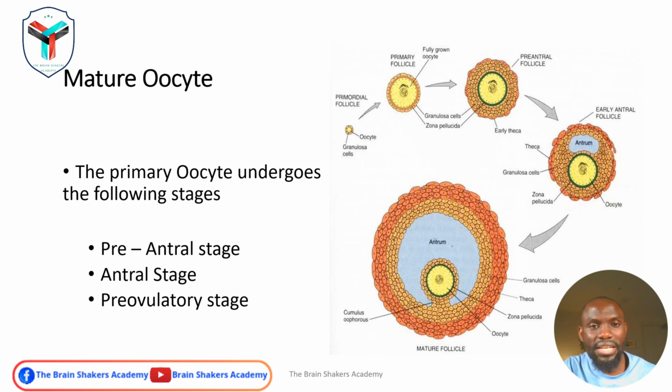But if fertilization does not occur, then the oocyte is going to degenerate in the next 24 hours after ovulation, and it will remain arrested in meiosis 1 without even getting into the second meiotic division, and then later on be eliminated through a process of menstruation.